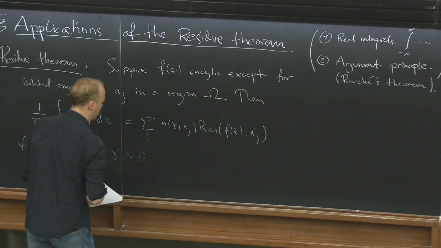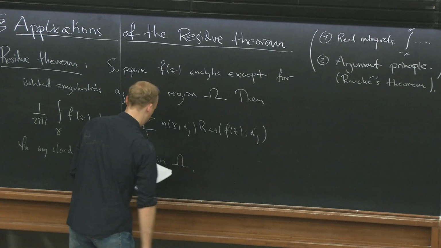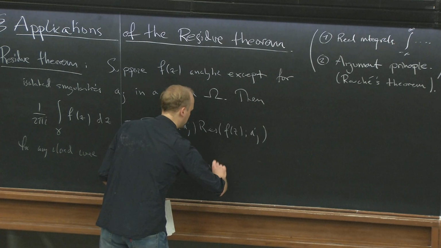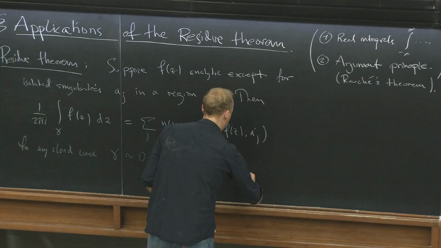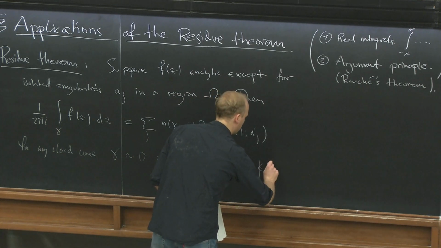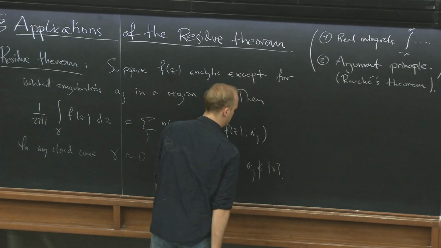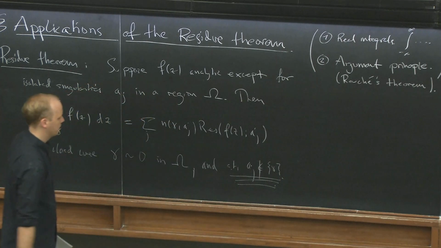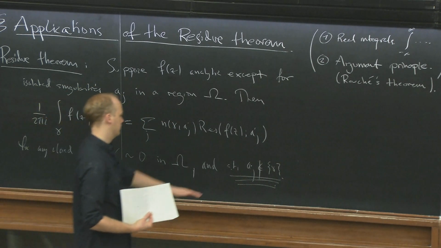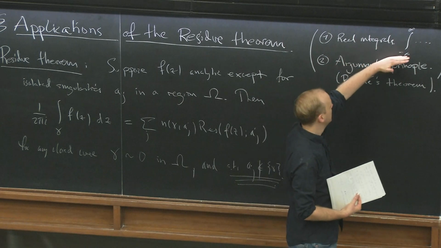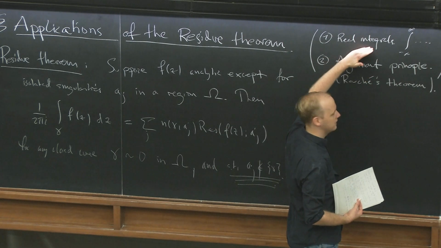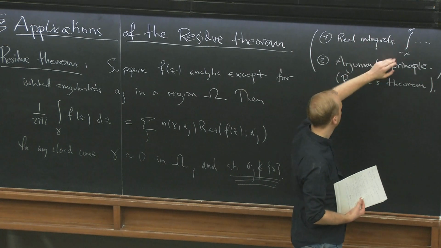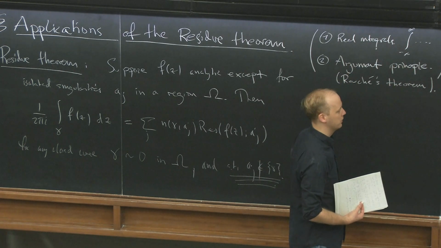So this is true for any closed curve gamma which is homologous to 0 in omega, and a second important thing not to forget, such that the A_j are not on this gamma. This can sometimes happen, especially when you apply it to real integrals. You would like to take some contour, but there is some pole or essential singularity of the function you want to integrate that's on this contour that you want to pick.